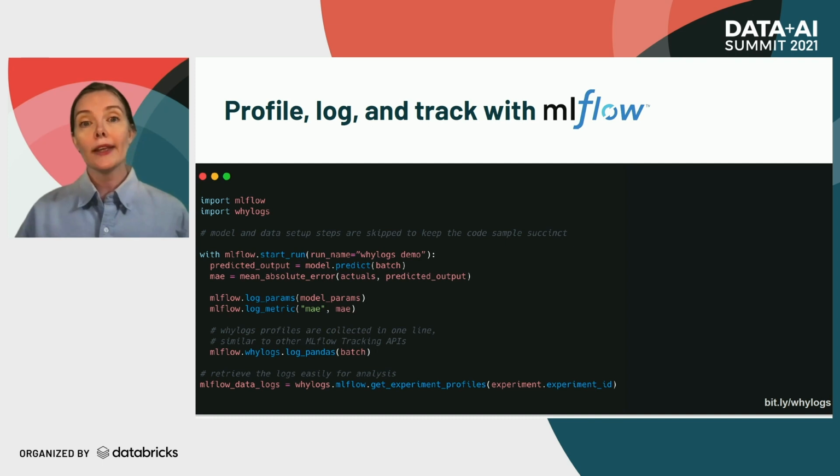Now, if you're already using MLflow to manage the lifecycle of your model, you're already storing valuable artifacts or logs associated with each run, things like model parameters or performance metrics. YLOGS will add a data log artifact to each job with just one line of code. Similar to other MLflow tracking APIs, YLOGS profiles and collects the data in just one line of code.